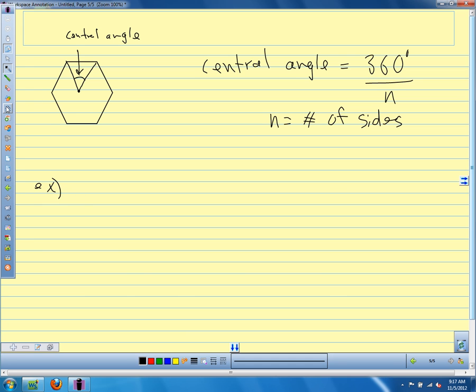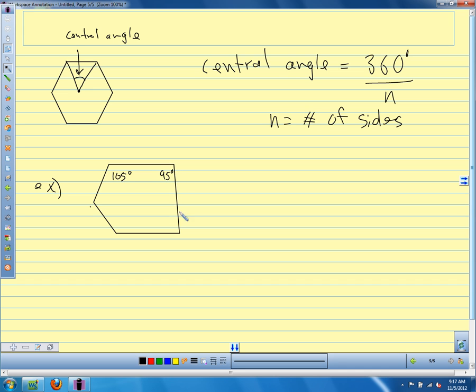So for our first example, here's our picture. And this is 105 degrees.